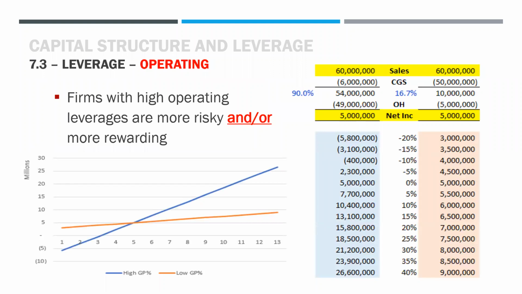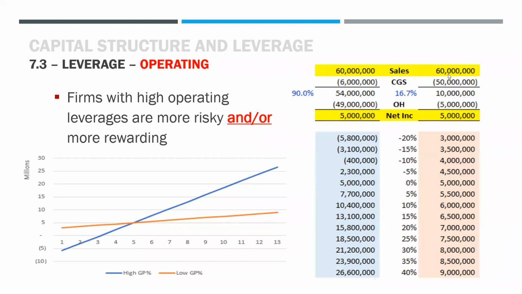So putting some numbers to a company that's low leverage versus high leverage, your low leverage company would be the one on the right side with the 10% or 1/6 gross profit.